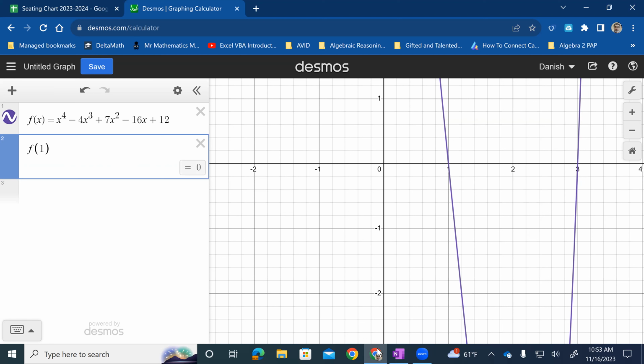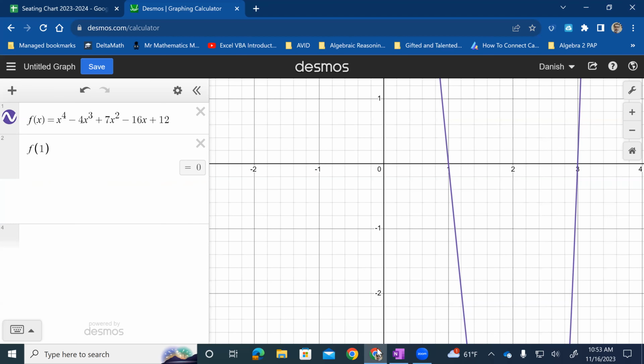That means whenever I have a 0 here, I have this number 1 as a root, or this is the x value where the function intersects the x-axis. We can check the same thing for -1 also. And you see it's not a 0. That means -1 is not an x-intercept.